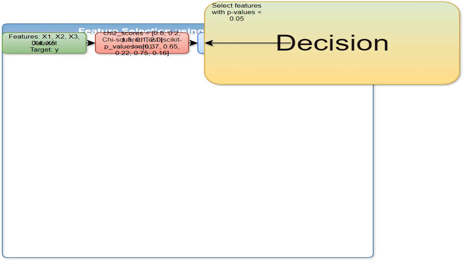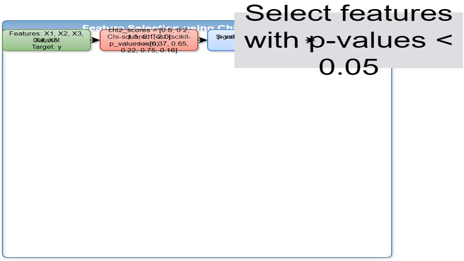If the chi2 score is very low, the feature might not be all that useful. I will select features with p-values below 0.05, indicating a statistically significant association with the target variable.